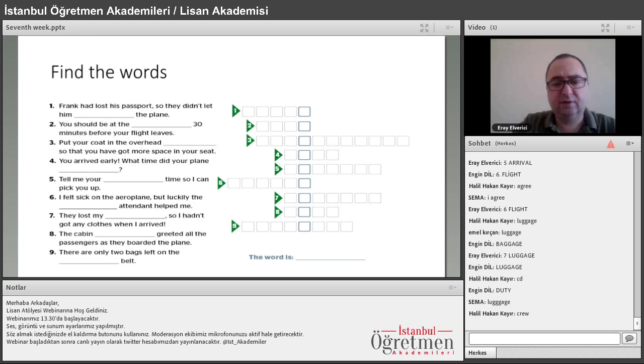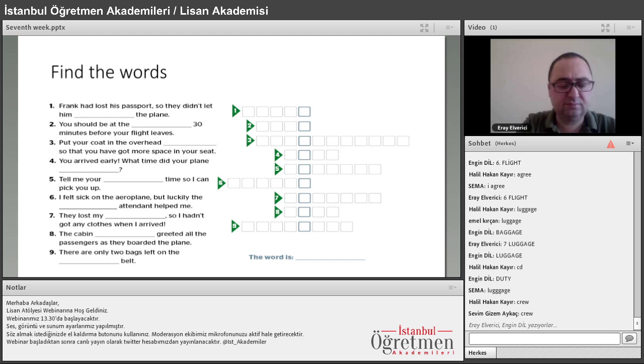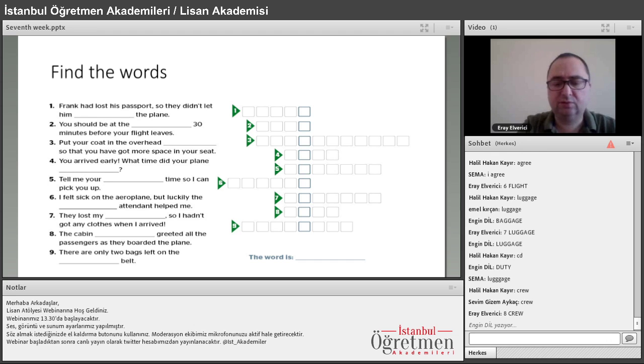We have crew. Which one? It should be the cabin crew. And the last one, there's only two bags left on the what? This is a difficult one, I agree, but maybe you can try.